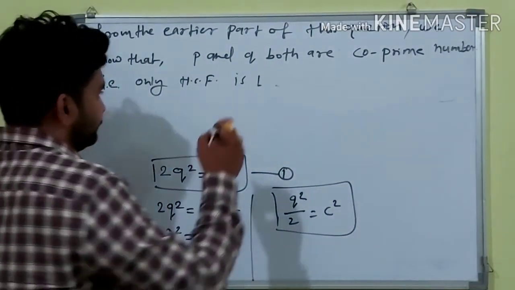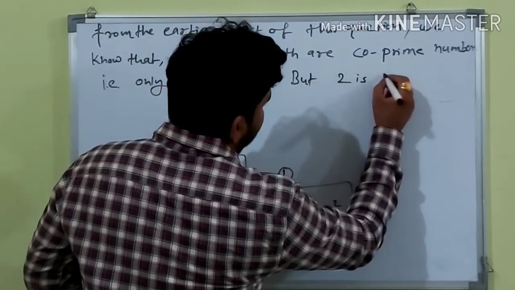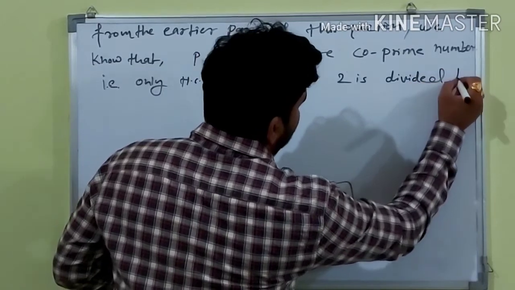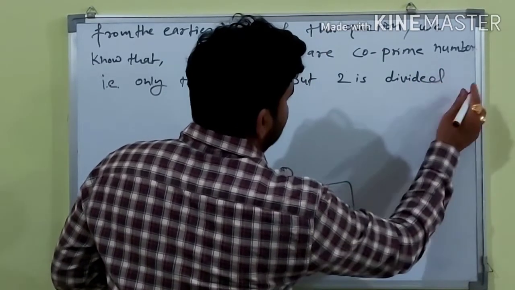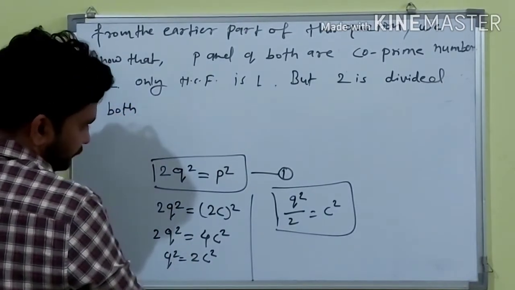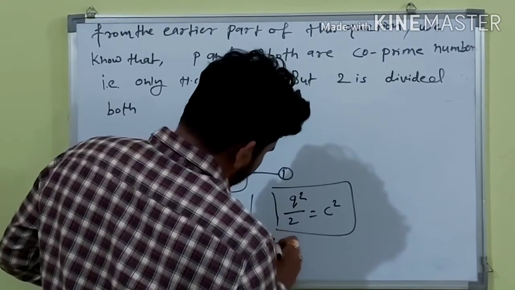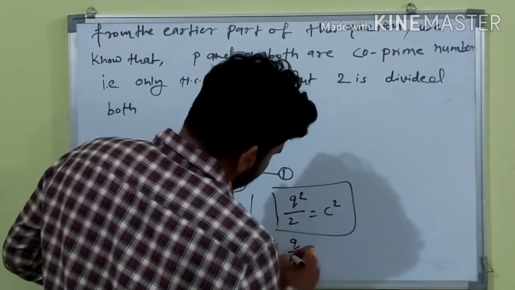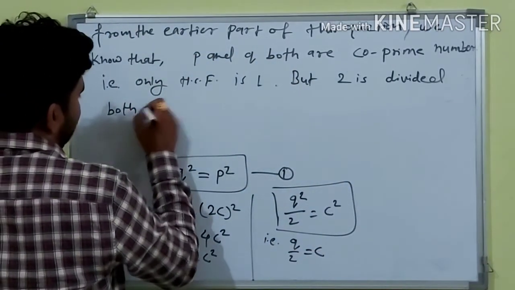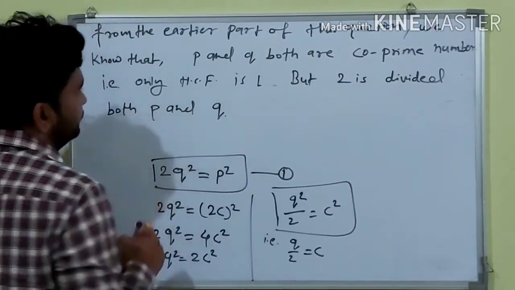But 2 divides both p and q square. That means it also divides q and gets result c, both p and q.